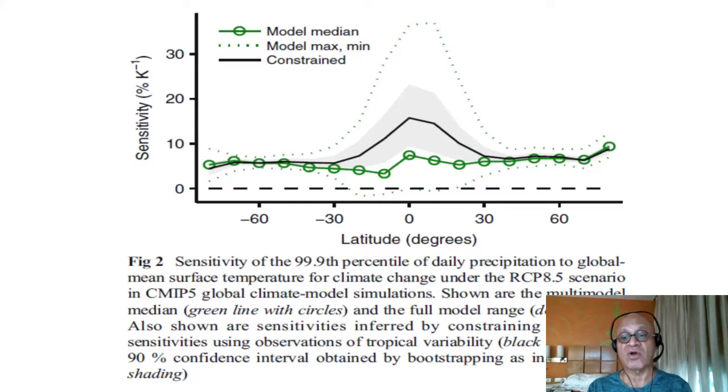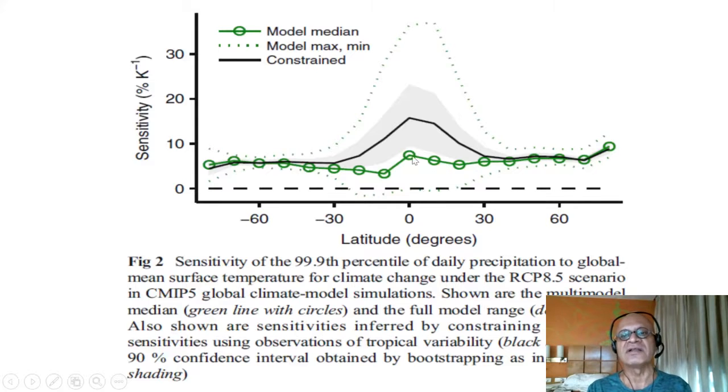Unfortunately, that's what we are on right now. None of the 25 years of negotiations have turned down the emissions yet. So those are from CMIP5 global climate model simulations. Shown are the multi-model median here in the green line, with the circles, and the full model range. So here are the dotted lines where a suite of models are taken.